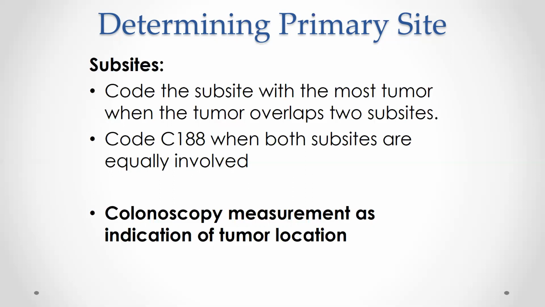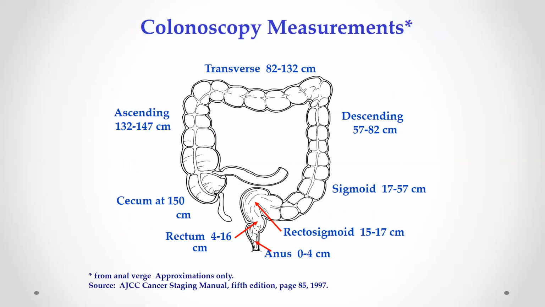Remember, when there's a lack of information, the colonoscopy measurements can be used as a last resort to determine the primary site. And there is a picture in the solid tumor rules for that. This diagram of the approximate colonoscopy measurements is found in the illustration section.